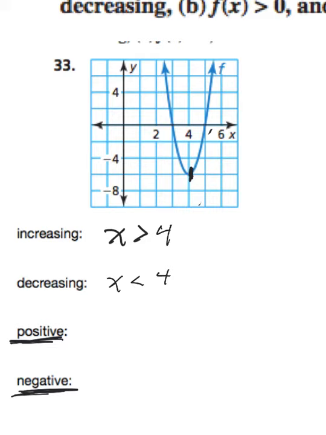Okay, and where is this graph negative? Starting from this dot at 3 going to the left, x is less than 3. Oh, it's positive for x less than 3, and it's also positive for any numbers bigger than 5.